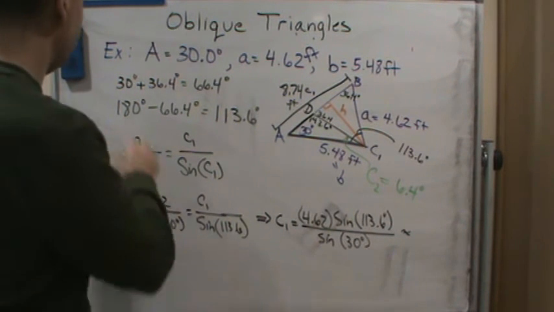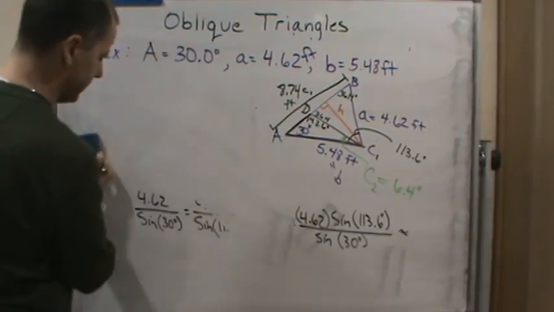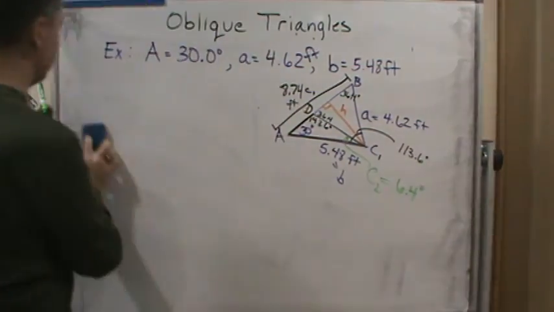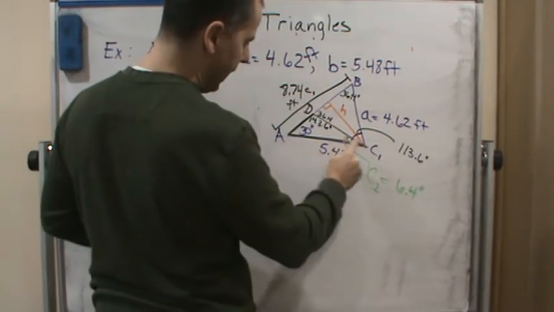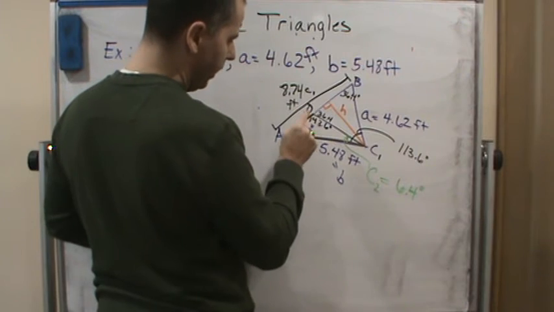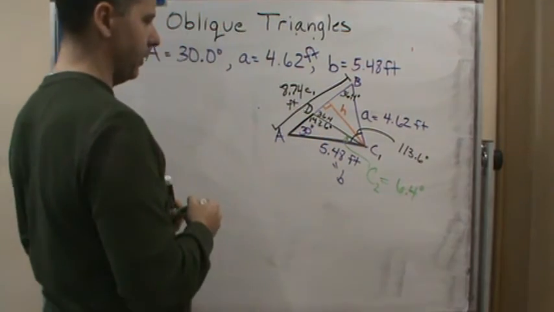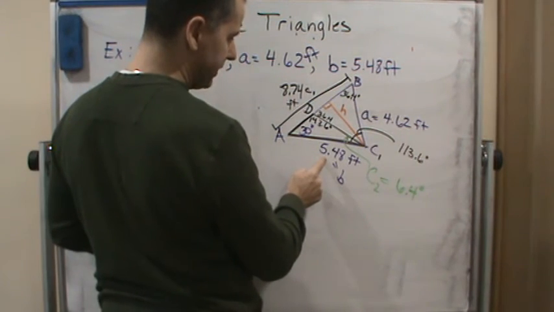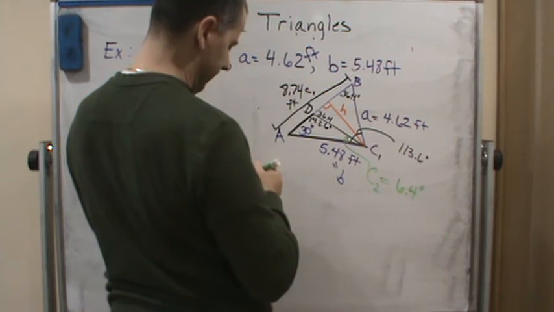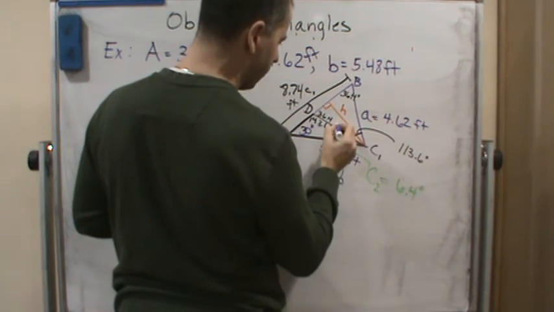Okay, so I've solved for the first triangle, so now let's solve for the second one. So now I've got my other triangle here, all in black, with 30, 143.6, and 6.4 degrees as the three angles. Now, side B is still the same. Side A is still the same length, because those were what were given to us.